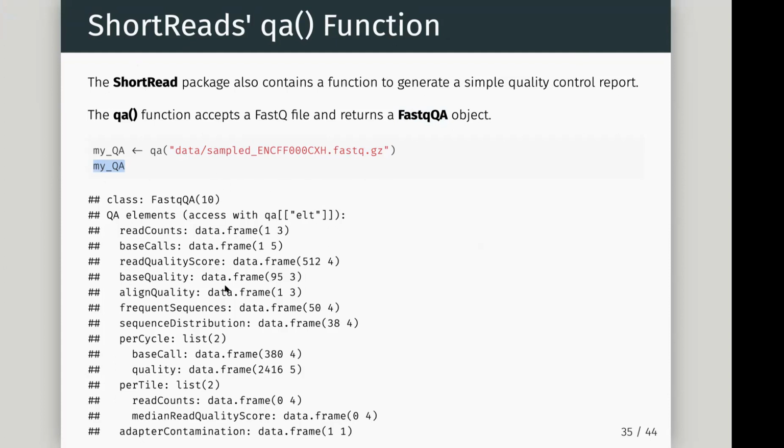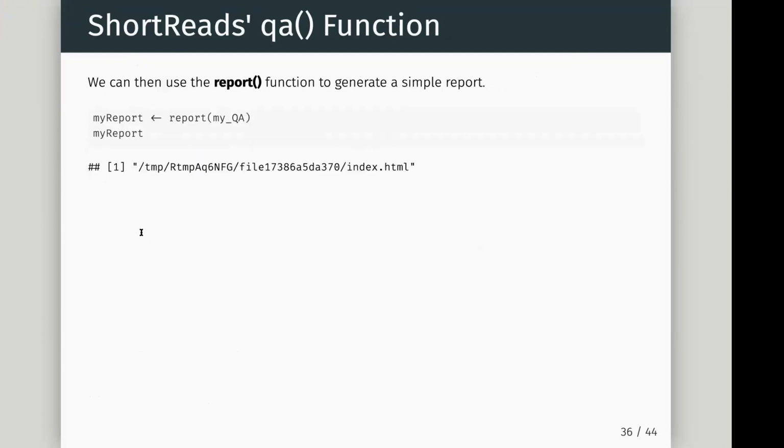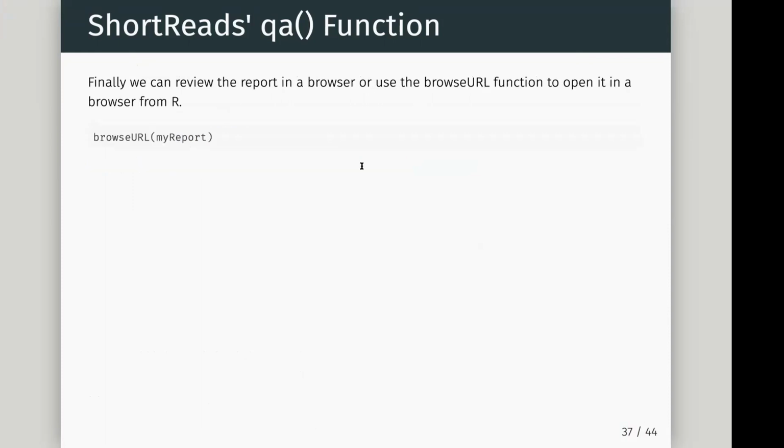It contains lots of quality information on your FastQ data. If you want to, you can make a report from that. It will write out a nice little report summarizing some of the information we've seen as we've run through this example. We maybe don't produce this here, but you can run this yourself.